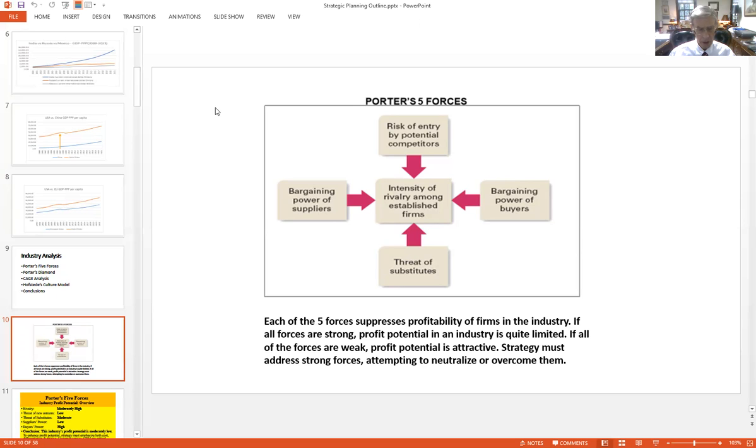If our suppliers, maybe there are only a couple suppliers of an essential ingredient in the products that we make, but there are 6 or 8 companies in our industry. So the 6 or 8 companies in our industry are buying raw material or key components from just 2 suppliers.